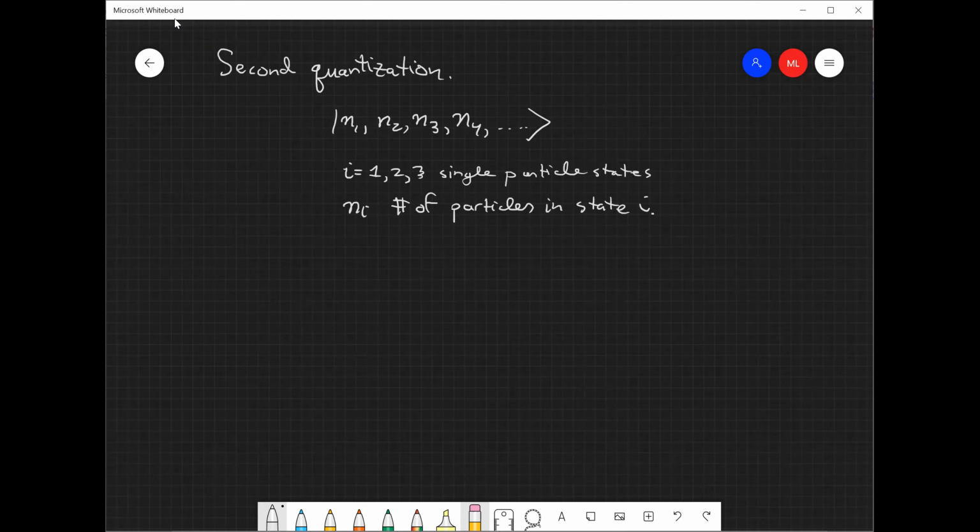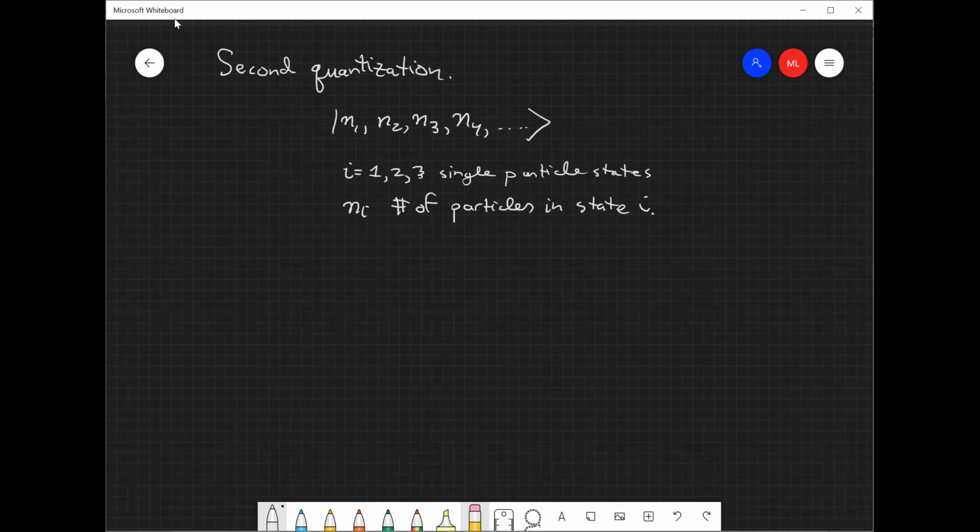So for fermions, because of Pauli exclusion, n sub i is going to be either 0 or 1. Those are the only possibilities. For bosons, they can occupy the same quantum mechanical state, so you can have an arbitrary number in there.